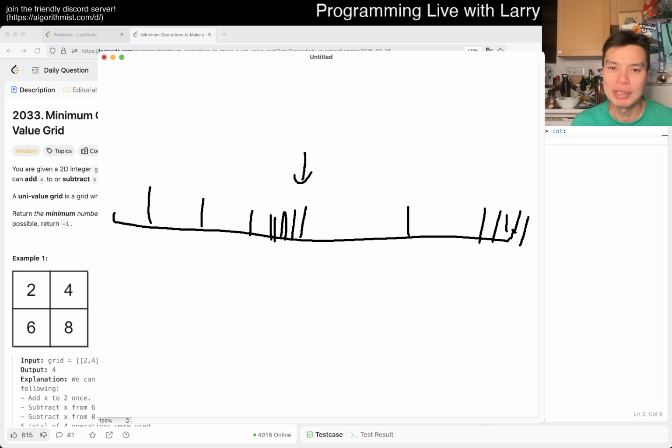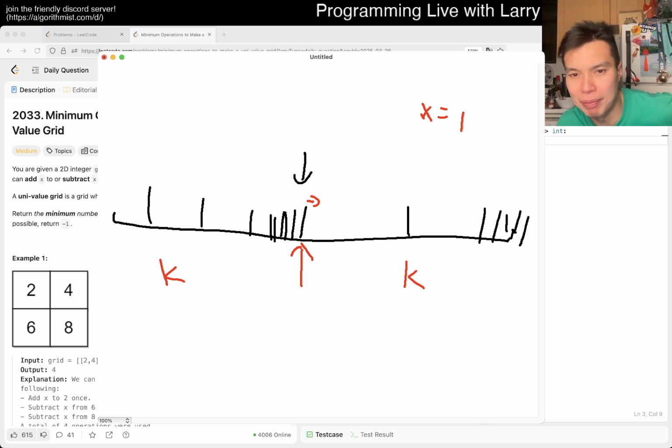The reason is, let's say we look at the median. Without loss of generality, let's say x is 1, so it's a little bit easier to talk about. If x is equal to 1, what happens when you move this number to the right? For the purpose of this, let's say there are an odd number of numbers, meaning that there are k numbers to the left of this and k numbers to the right, so that they're the same, with only one number in the middle. Let's say, almost like by contradiction, we start from the median and move to the right by one.